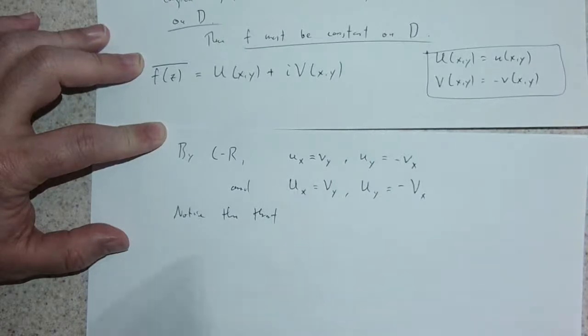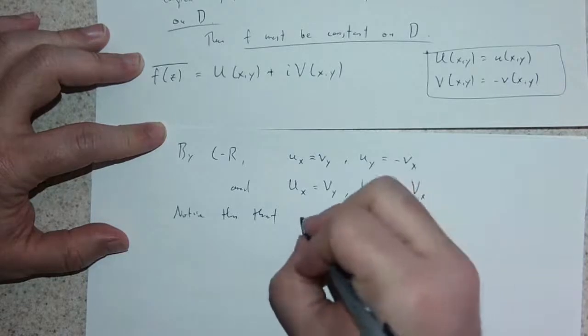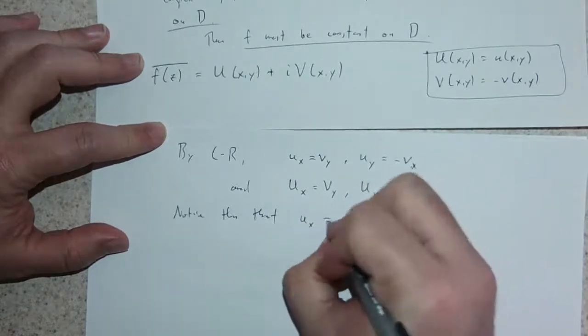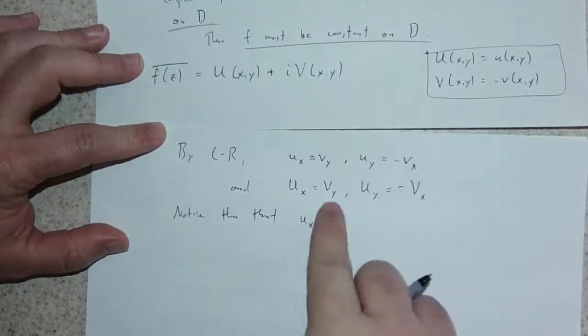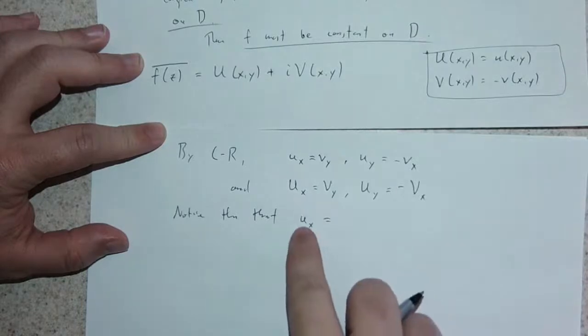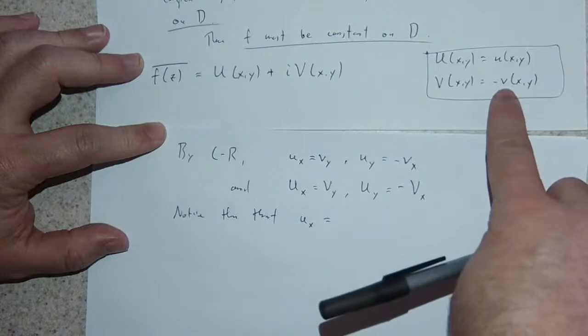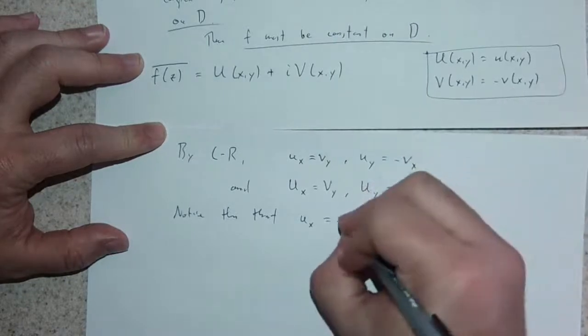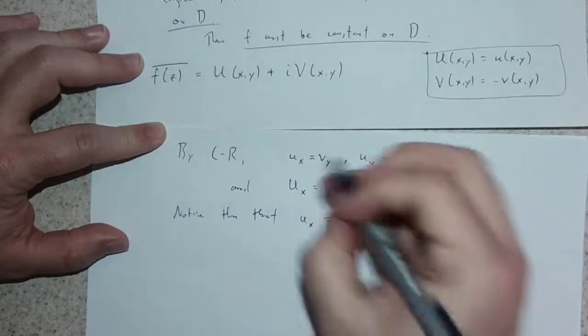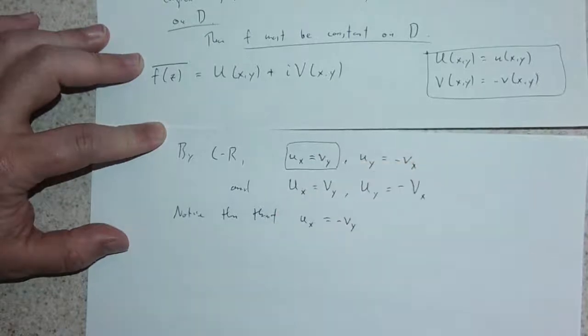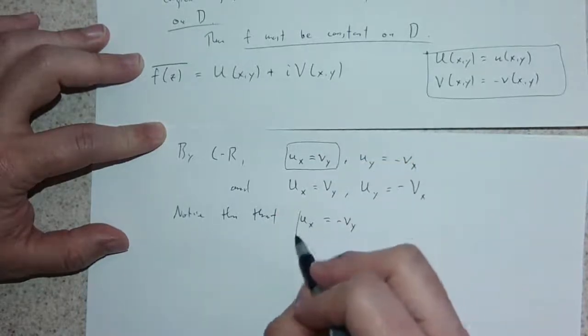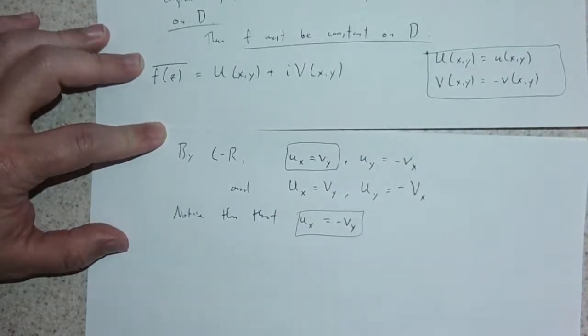Well, I can rewrite this: big U sub x is actually just little u sub x, and big V sub y is actually minus little v sub y. So not only do I have that u sub x is equal to v sub y, it's also equal to minus v sub y.